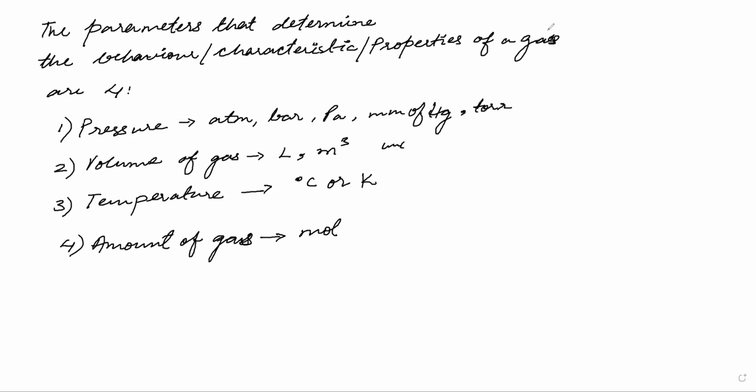And what is the relation between liter and meter cube? We will look at atm, bar, pascal, mm of Hg, torr. What is the relationship between all these? We will look at them. First of all, copy this. These are the units that we will be dealing with in this chapter.